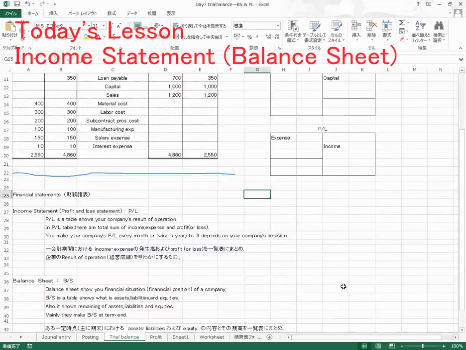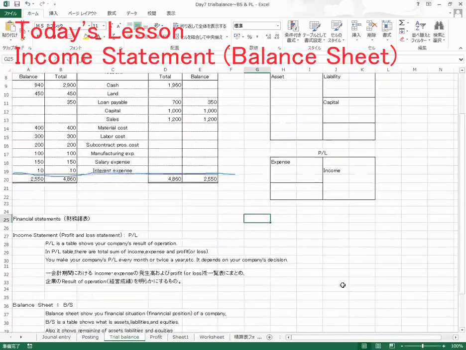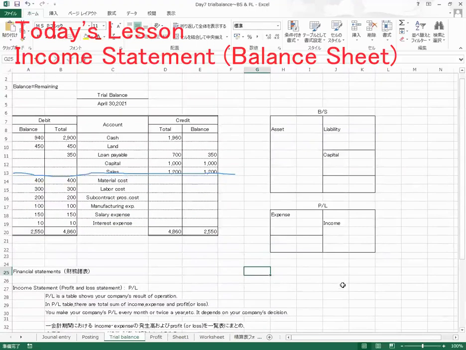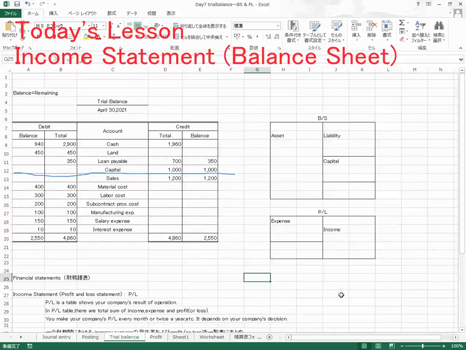And the sales is under the income statement, or profit and loss statement. So all the income, in that case sales, is income, and from material cost to interest expense is expense. So you see the PL or income statement is there.